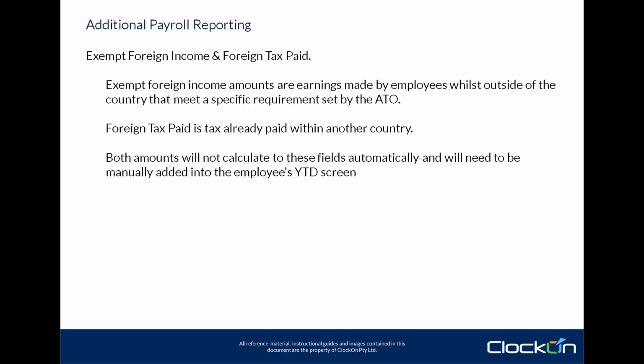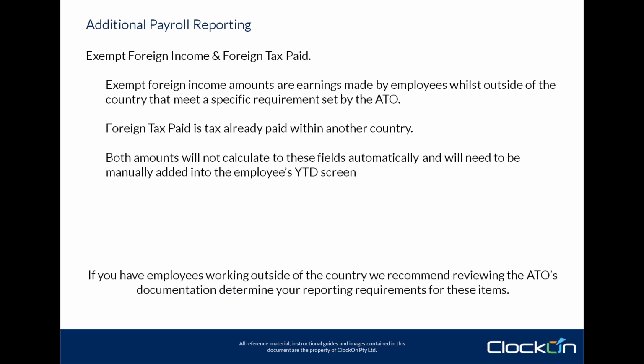And both of these amounts will not calculate within ClockOn automatically. Unfortunately, we're not able to cater for which payments are which when the employee is outside of the country. So they'll need to be manually added into the year-to-date screen. And again, just view the ATO's documentation if you're not sure of the requirements for these items.